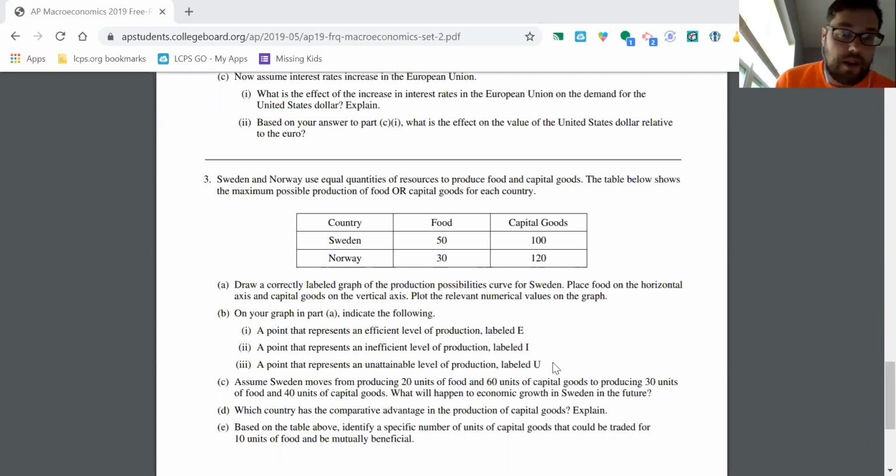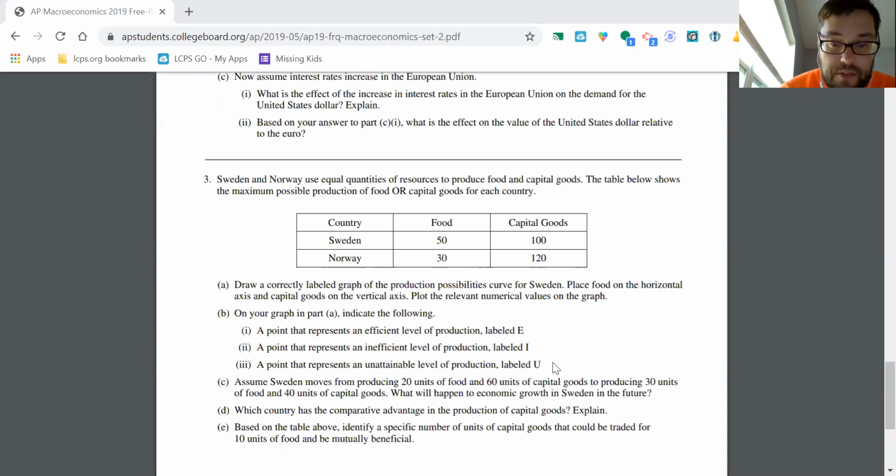If you look back to the question, the table, and this is for Sweden, they only asked about one of the countries, so we don't have to worry about the other one. If you look at the chart for Sweden, you see how many capital goods, if they were to focus all their energy on producing capital goods, they could have done 100 units of capital goods.